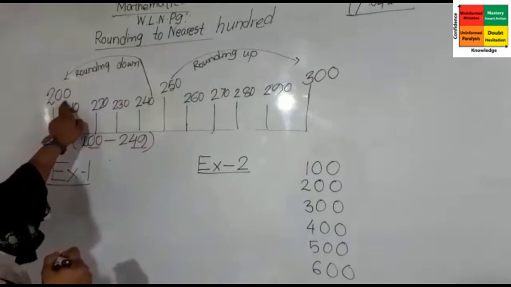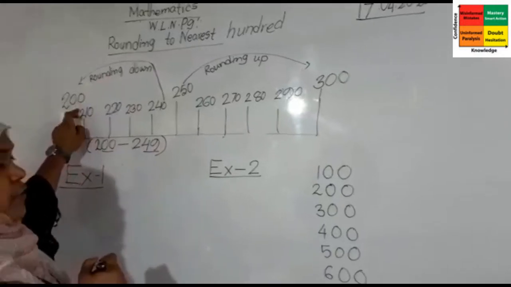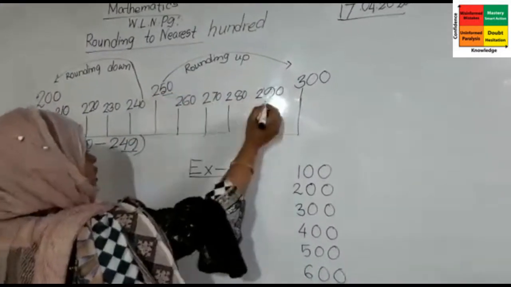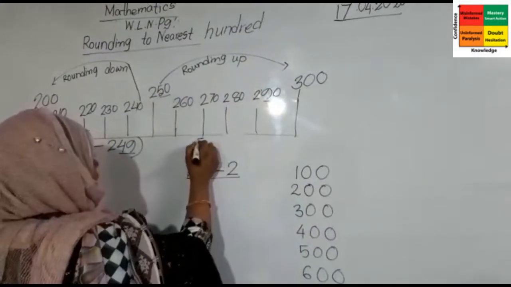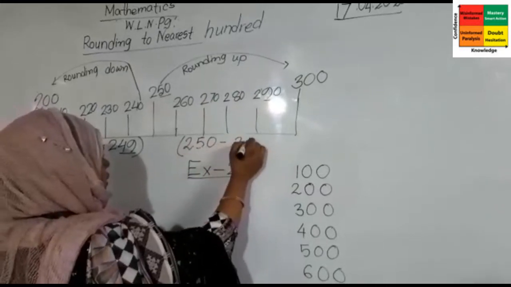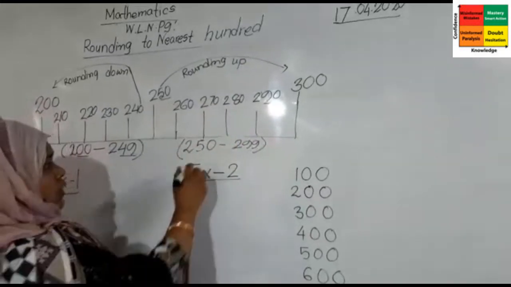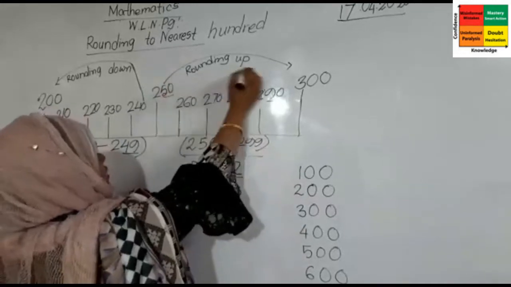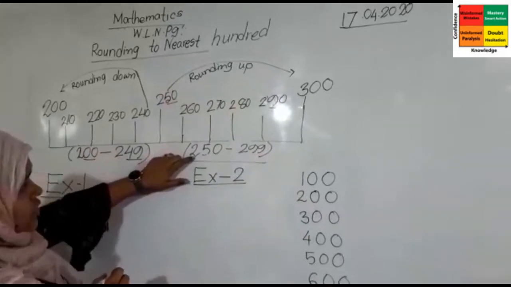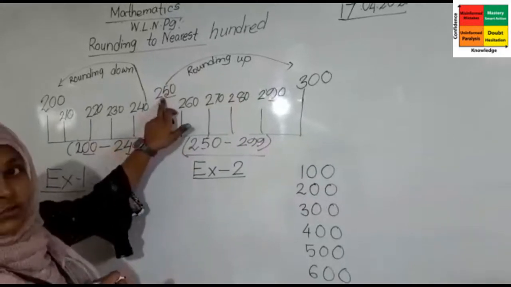That means this 100 will not change. Now for 250 to 299, all the numbers will go rounding up. That means this 100 is going to change here.